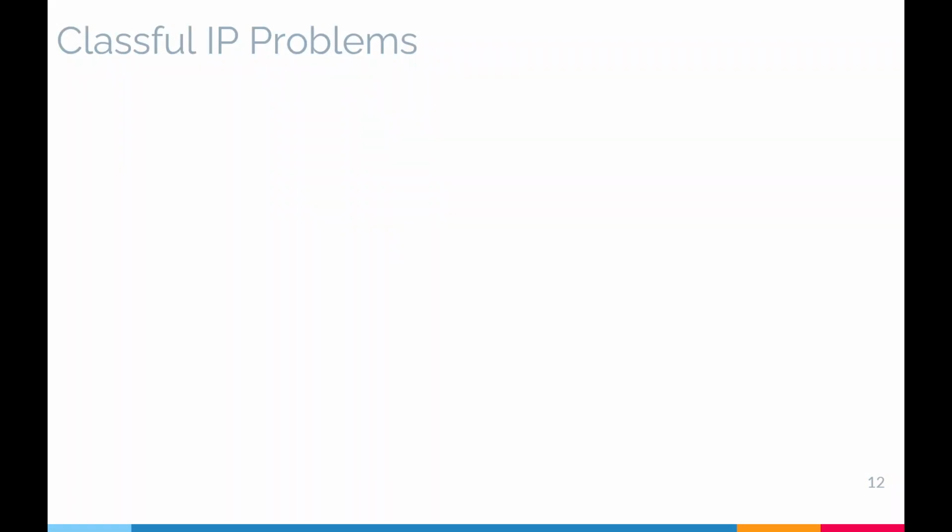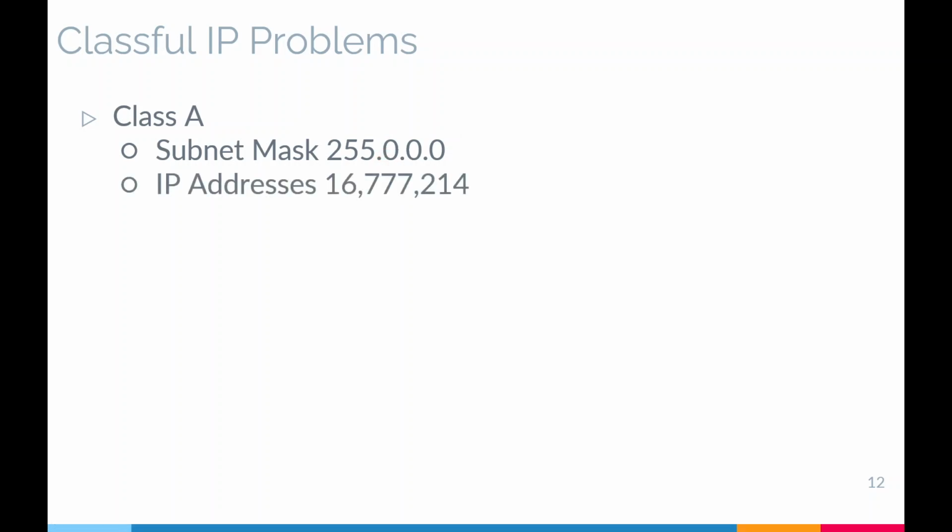Now let's understand the problems with classful IP addresses. A class A IP address has a subnet mask of 255.0.0.0, which means that the first octet is reserved for the network portion and the maximum number of hosts is determined by the remaining 3 octets, which calculates to more than 16 million IP addresses available in class A addressing.